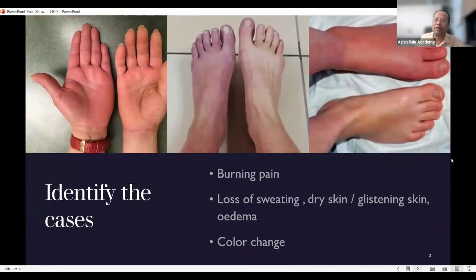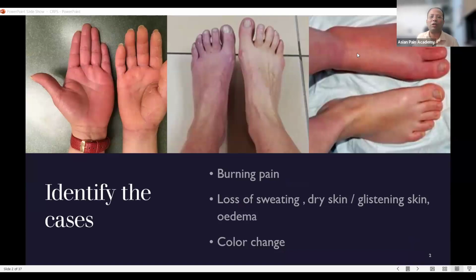Identify these cases. Here you can see two hands of a patient, and you can see there are some differences. This is a normal hand, but here you can see cracking of the skin. These nails are bigger, these nails are longer. And if you compare the foot, on one side you see a bit of pink or bluish discoloration on the skin, and the other side is normal.